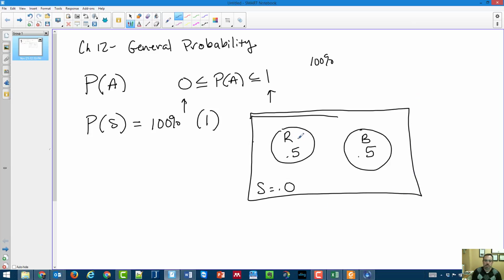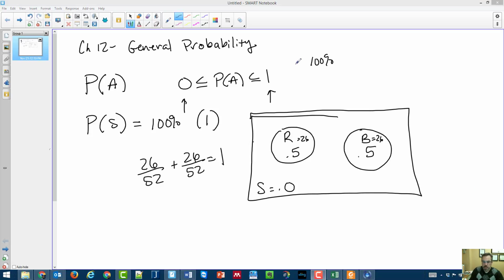All right, 26 of those cards are here, 26 of the cards are here, and 0 cards are out here. So that's why 26 out of 52 gives us the 1/2. The same thing over here. There's nothing left over. So we look at this and say these have to add up to be 1. That's everything. All right, so the 100% chance that we have in our sample space.